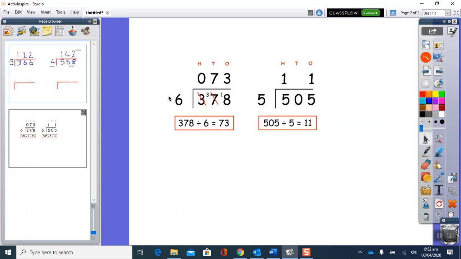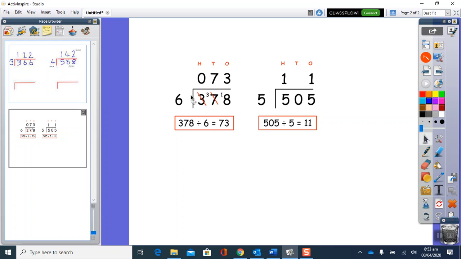So let's check. He's put the numbers in the right places, so he's got his dividend, he's got his divisor, and he's got his bus stop here. Now 6 goes into 3 0 times. It's bigger than 3, so it cannot go into it, cannot divide into it. So the 0 goes on the top, and you carry that 3 to the next column, the tens column.